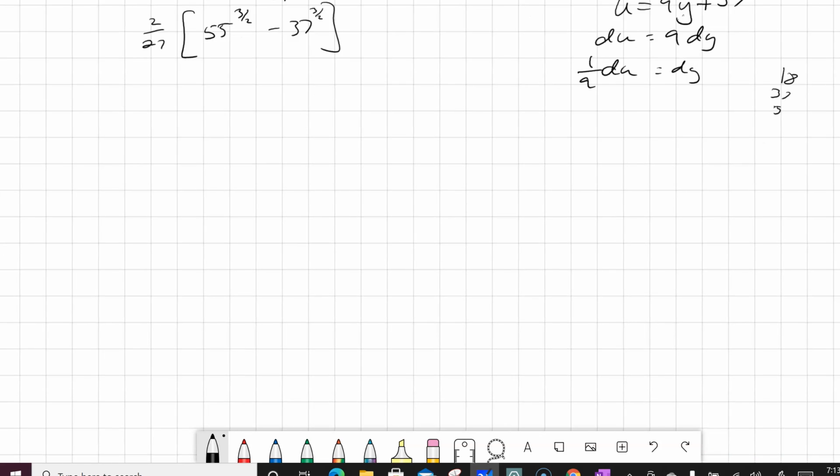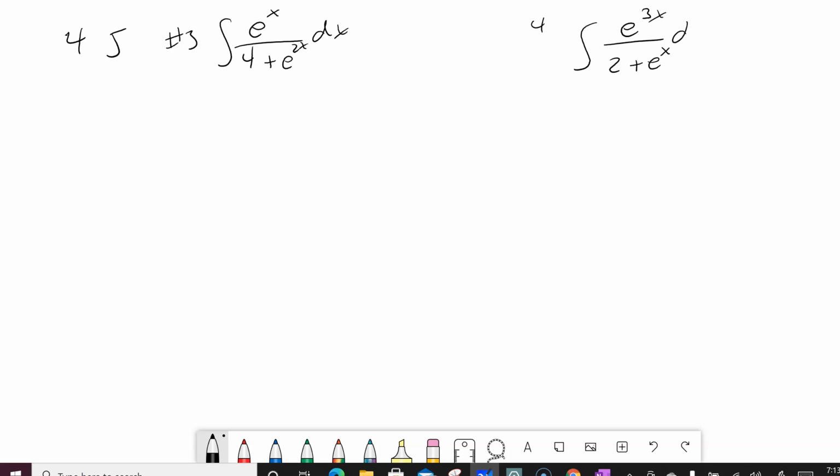All right, so I'm going to continue on with number 3 and 4. I'm on 4j, number 3, and then number 4. I'm going to write them beside each other so you can see they're similar, but they're different. This one is e to the 3x over (2 plus e to the x) dx.